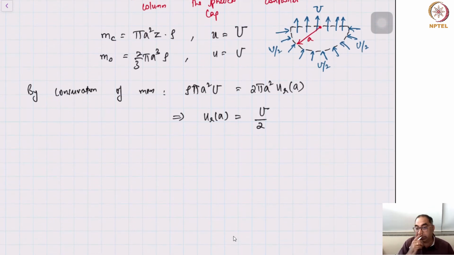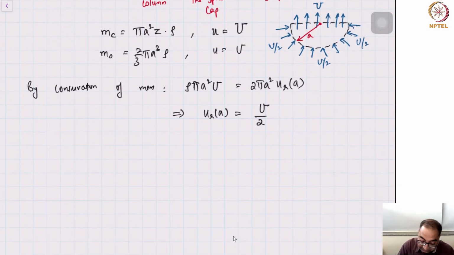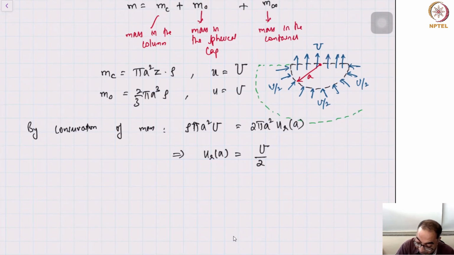Now we can take this one step further and ask, if I have a bigger region at a distance of small r, what is the velocity that is entering this region?